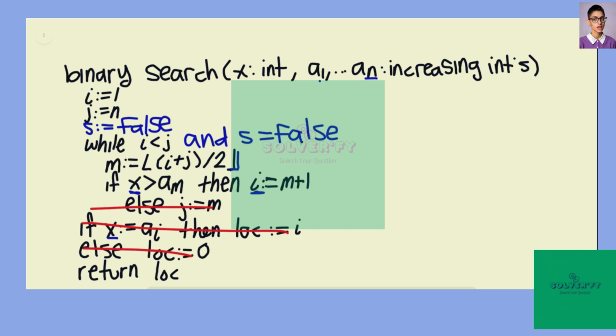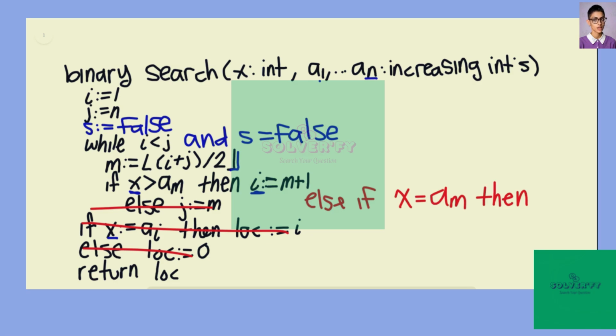Before we jump to that else case, we're going to add an else if statement. And in this case, the else if is going to be comparing x to a sub m, which is what the problem wants us to do.